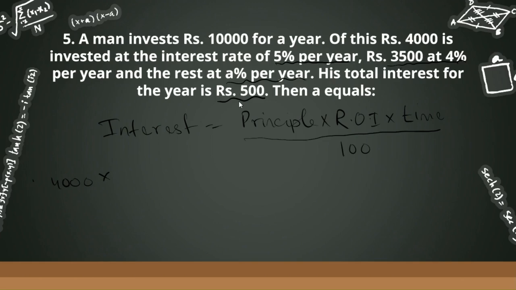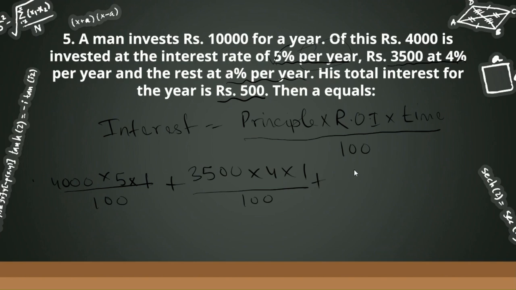Rate of interest is 5%, into the time, which is 1 year. We have to find it for the current year, so it's 1 year only. So divided by 100, plus for the second case, 3500 at 4%, time 1 year, by 100.